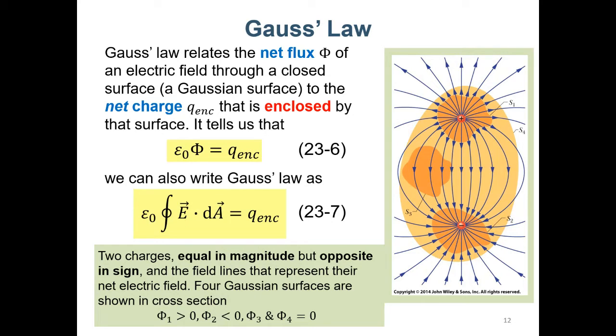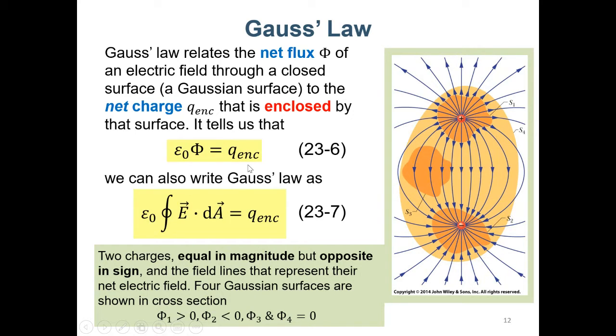It tells us that epsilon naught, which is a constant, 8.85 times 10 to the minus 12, times the net flux for this closed Gaussian surface, equals Q enclosed.